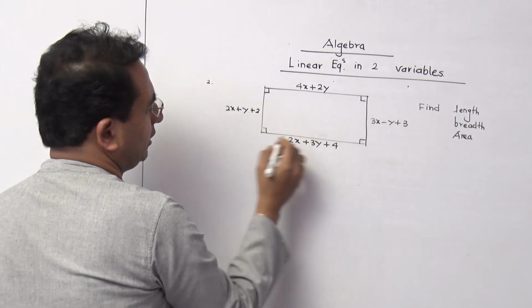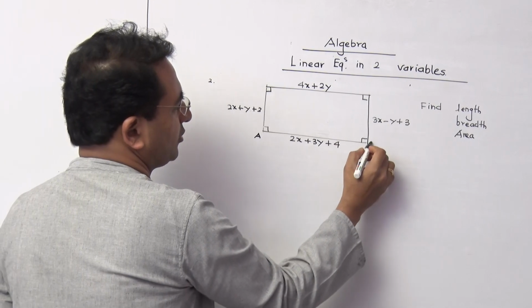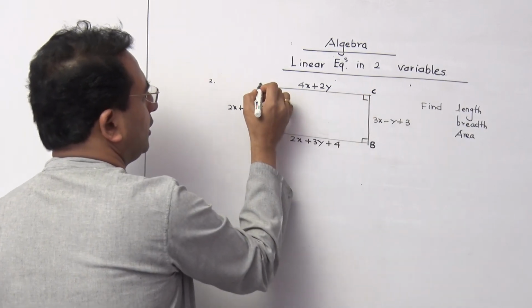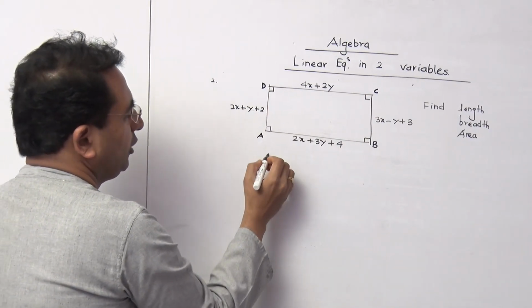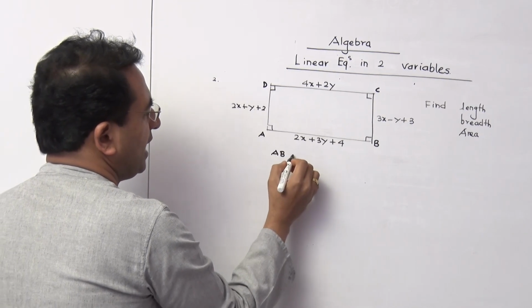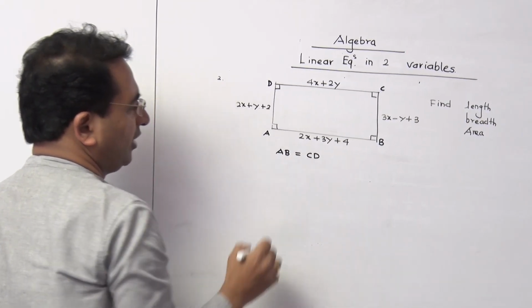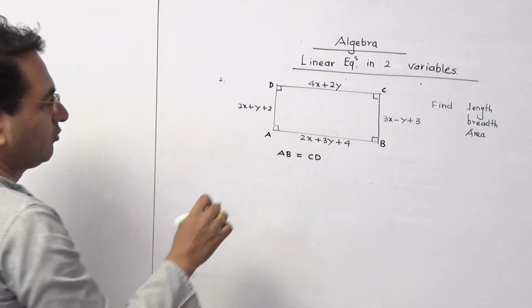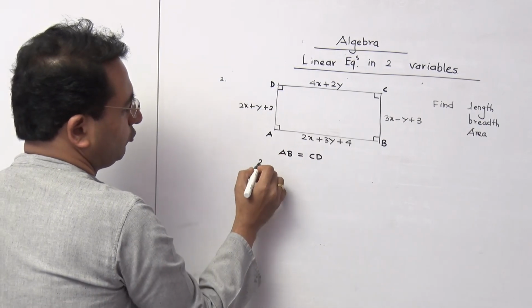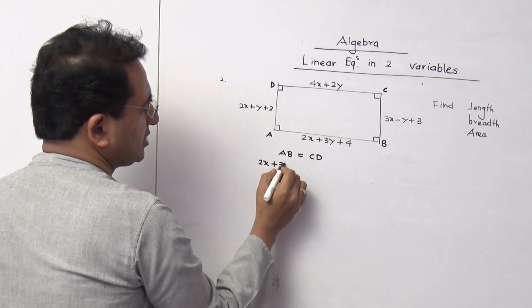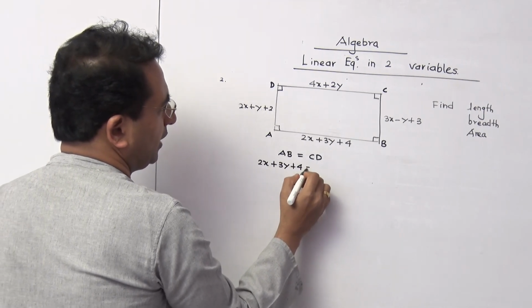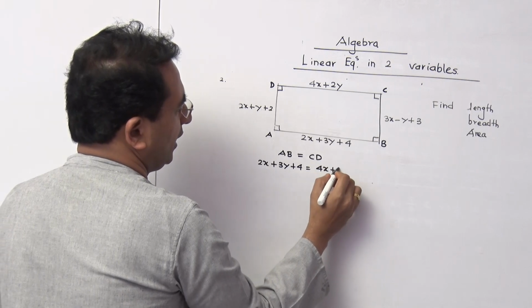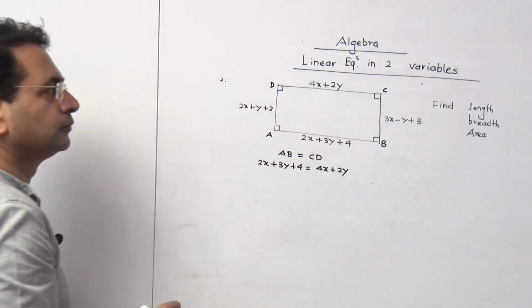Now this rectangle, we will name it ABCD first. We know that AB and CD are opposite sides of the rectangle, that's why they are equal. And we have to substitute the values that we know. It is 2x plus 3y plus 4, then 4x plus 2y as the CD value.